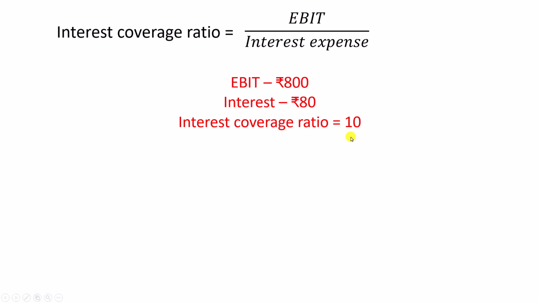Now, what does this mean? What does the interest coverage ratio say? It tells us how many times of the interest the company is earning. See, the company is earning 800 crore rupees, interest is 80 crore rupees, meaning the company is earning 10 times more than the interest that needs to be paid.